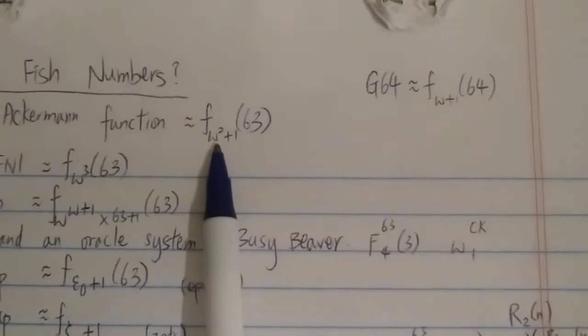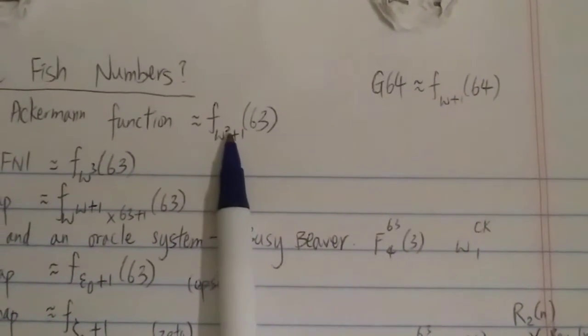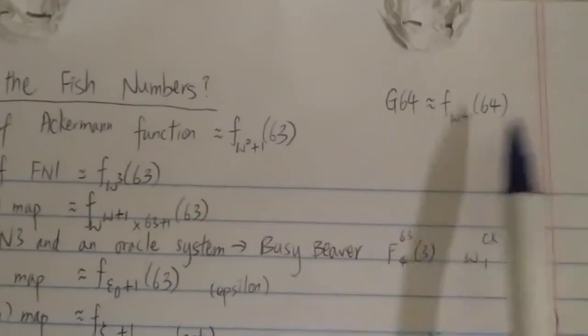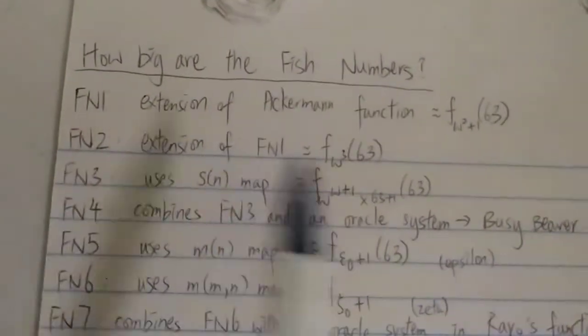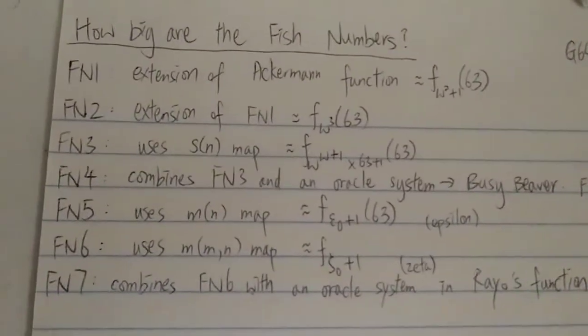The main catch is the ordinal: omega squared is much bigger than omega. So this is omega squared plus 1, and this is omega plus 1. Therefore, even Fish number 1 is already much bigger than Graham's number.